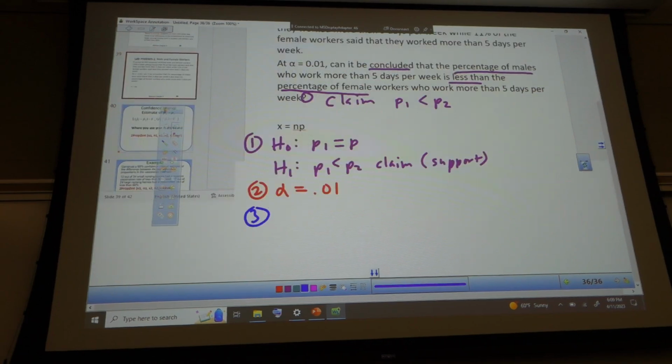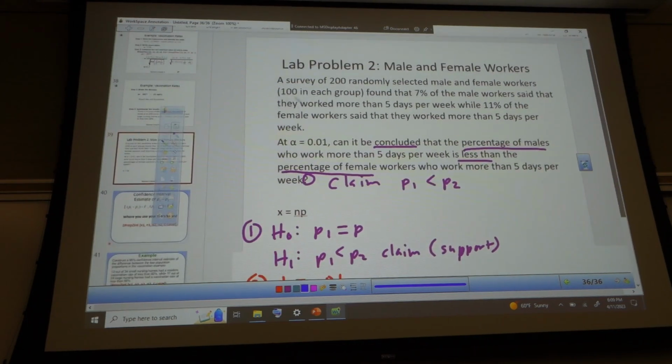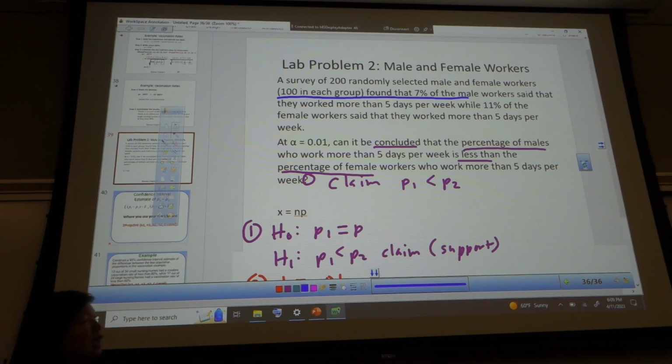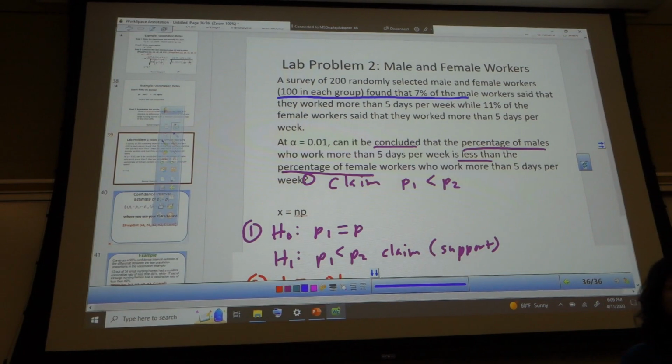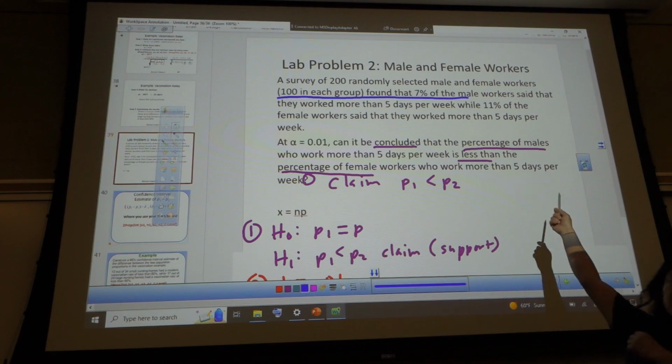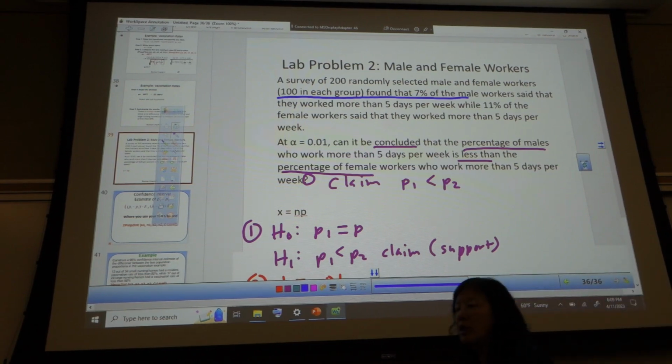Step 3. Here we have 100 in each group, 7% of males. 100 is my N. Is 7% my X or my P hat? It's a P hat. How do I know? It has a percent sign after it. P hats will always have a percent sign, or there'll be a decimal less than 1.